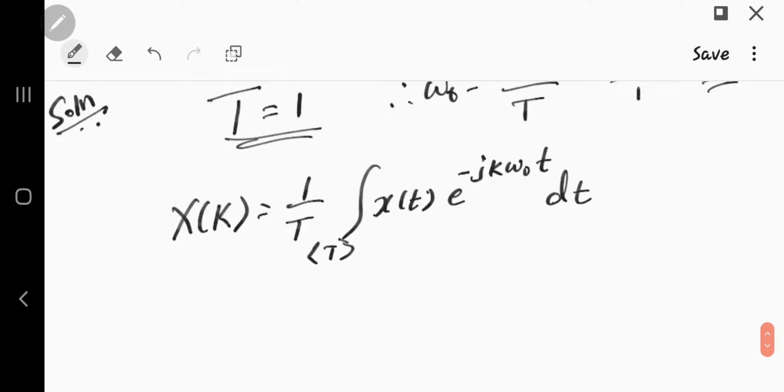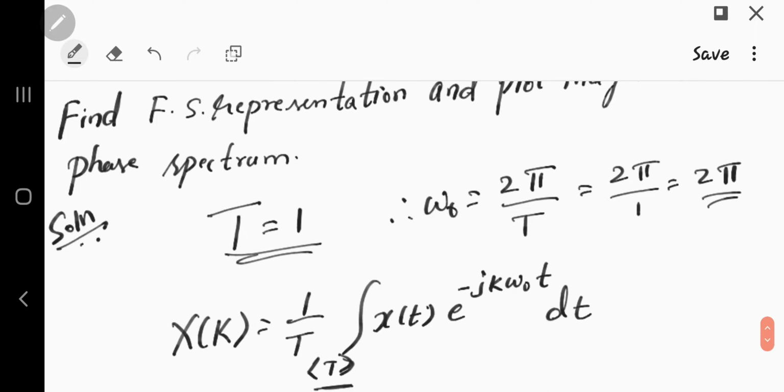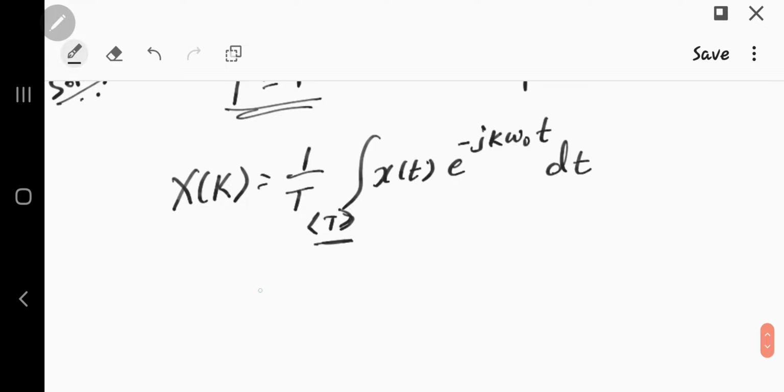Now this signal is periodic, so we have to consider one duration, and here you can take any one particular duration. You can take from 0 to 1, 1 to 2, 2 to 3, 3 to 4, or you can take from minus 1 to 0 or minus 2 to minus 1, any one particular duration as you wish. Okay, so I will start with 0 to 1 here. You can try with some other duration of the signal. Anyhow, the result will be the same, no change in that.